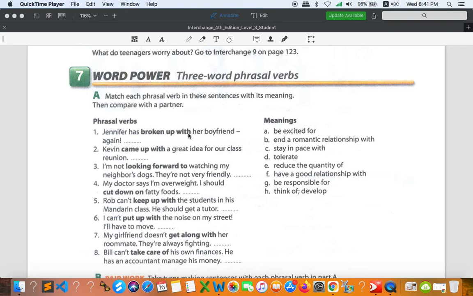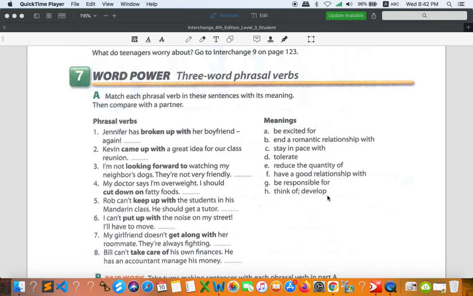You probably come across this word, or maybe you understand the meaning of break up with. Look at the meanings right here. We have be excited for, end a romantic relationship with, stay in pace with, tolerate, which means being patient, reduce the quantity of, have a good relationship with, be responsible for, and think of or develop.